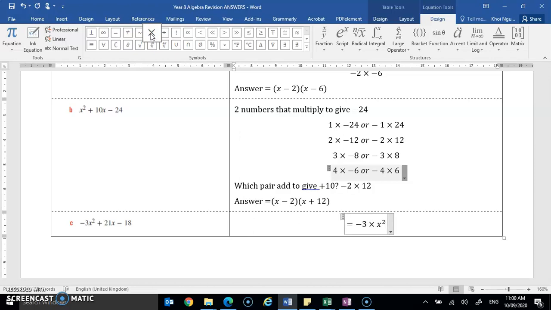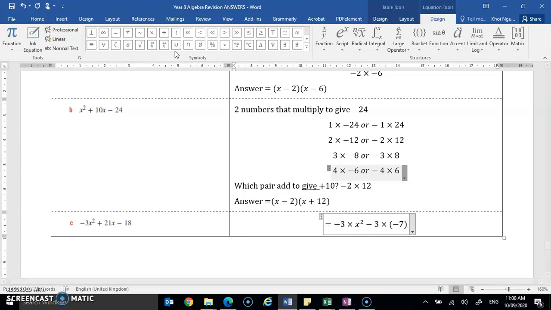Now how do I rewrite plus 21 as a multiplication of -3 and something else? You can just divide 21 by -3, and you see that -3 times -7 is going to give you positive 21.